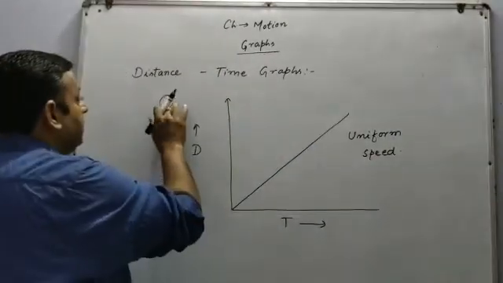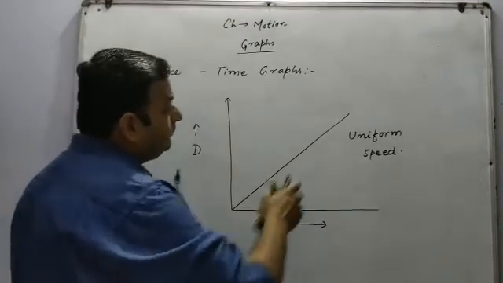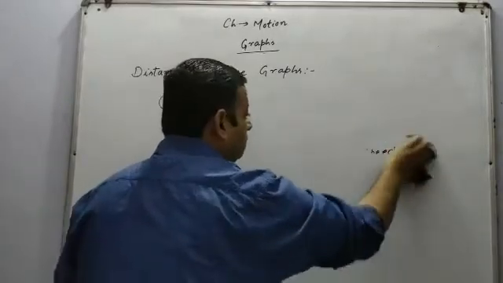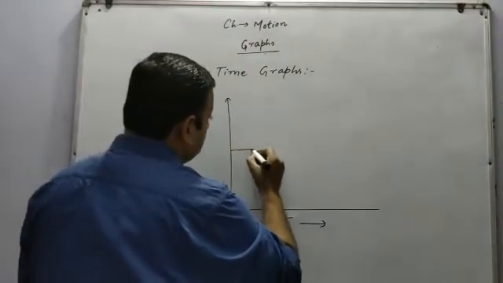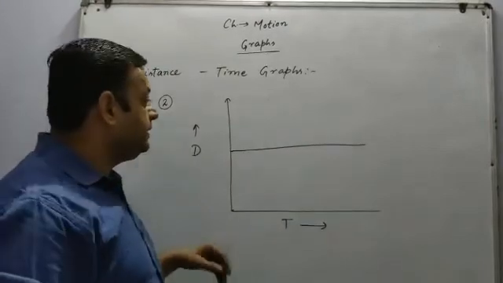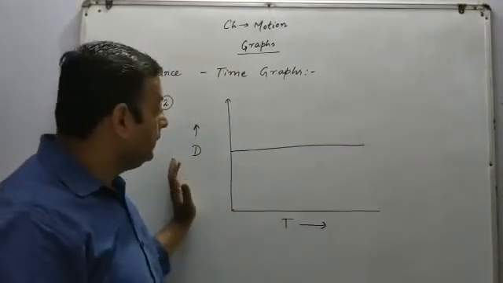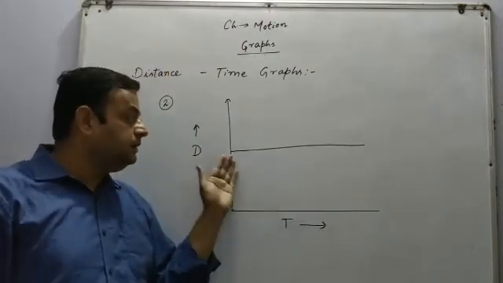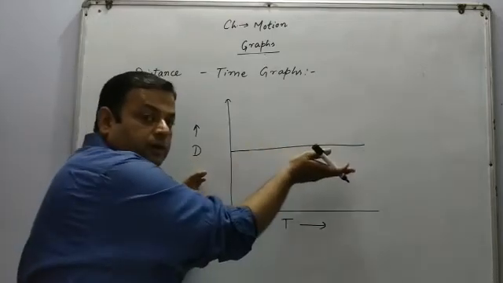Now second graph is also a distance time graph. Now in this graph we can easily see that the height of the graph line is not increasing. It means the distance is not increasing, whereas the time increases as the graph line is moving horizontally.